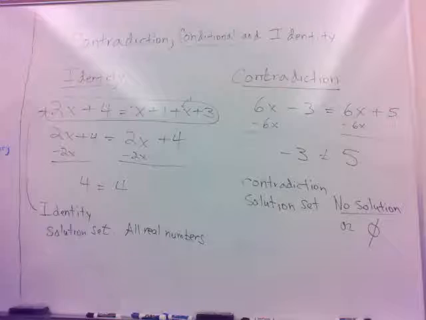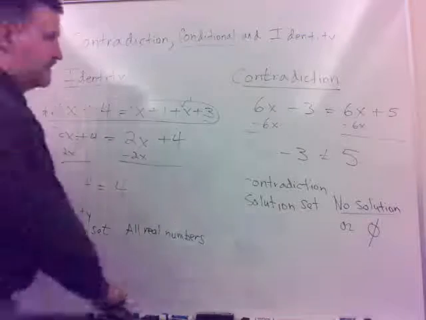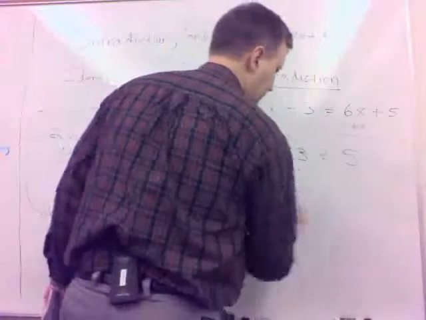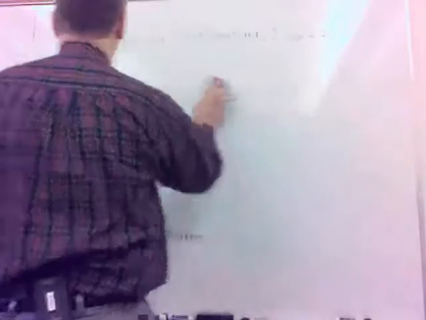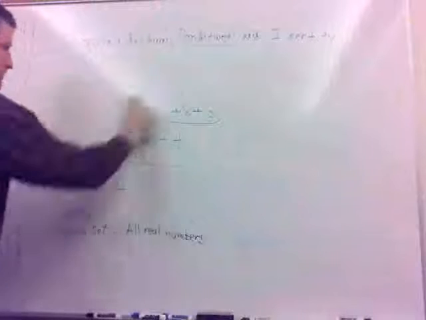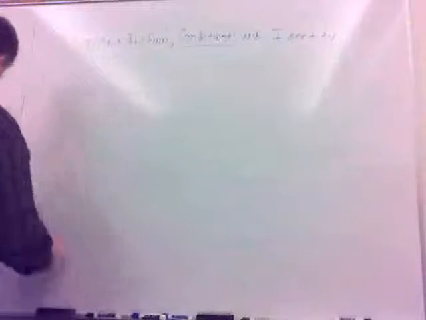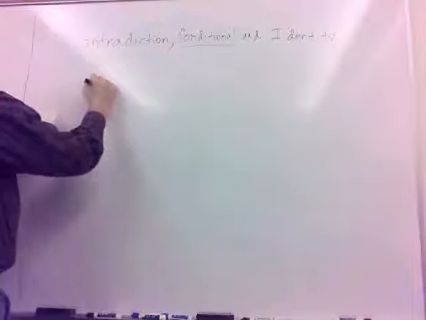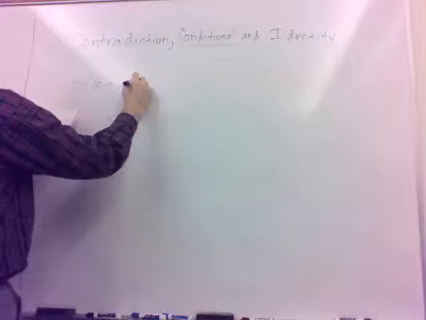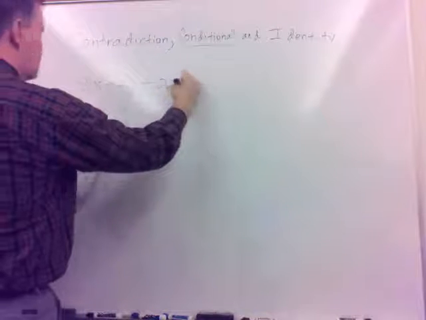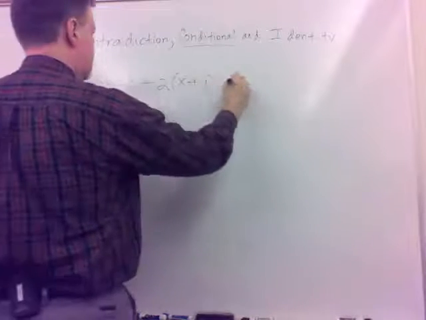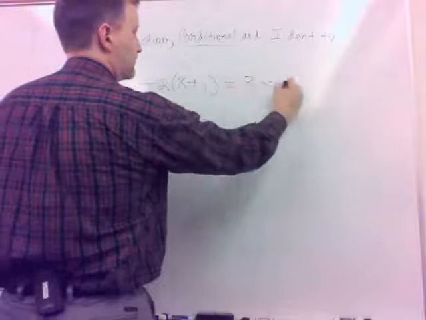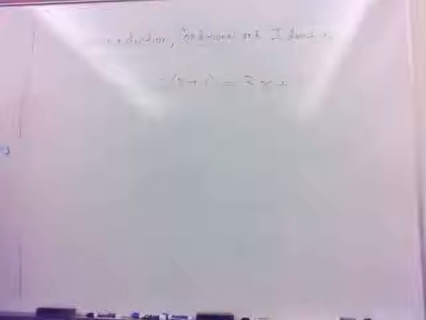What they'll sometimes ask you then is to take an equation here: 5 times the quantity x plus 2, minus 2 times the quantity x plus 1, equals 3x plus 1.